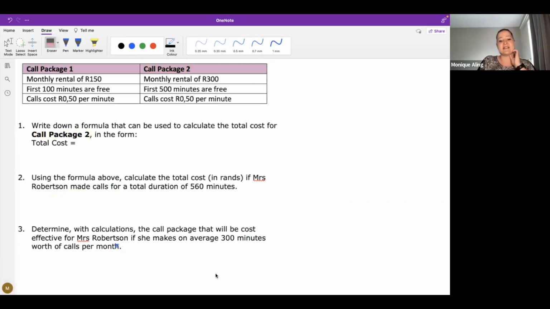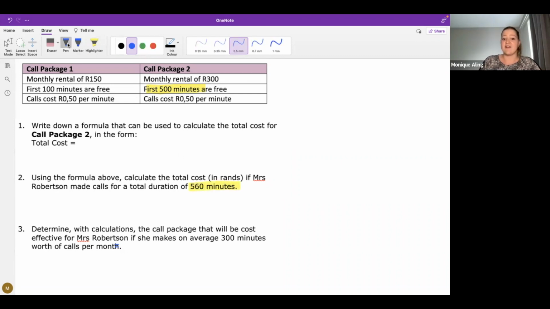Larato, where did we get 60? Okay, so Larato, in the table, they tell us that Mrs. Robertson gets 500 minutes free. In the question, they tell us that she uses 560.